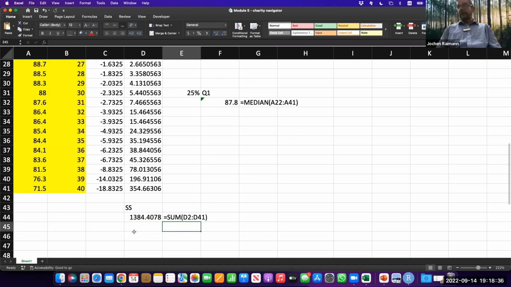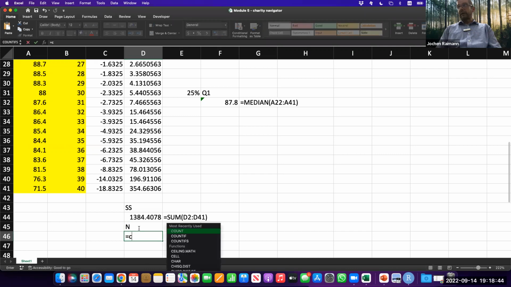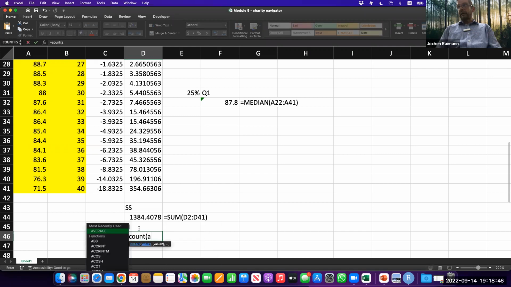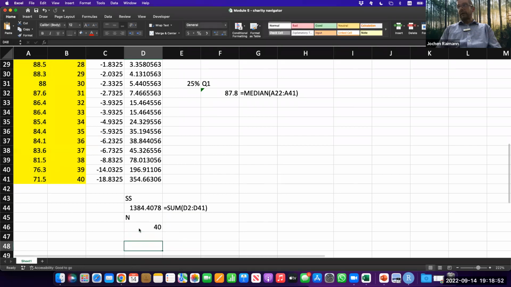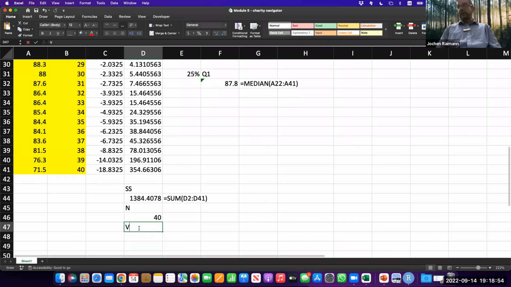Okay, so now we know the number of entries, right? We've quantified this before. We can quantify it again. So our N is COUNT A2 to A41, which is 40. To get to our variance, we calculate our sum of squares divided by the number of entries, which is 40.